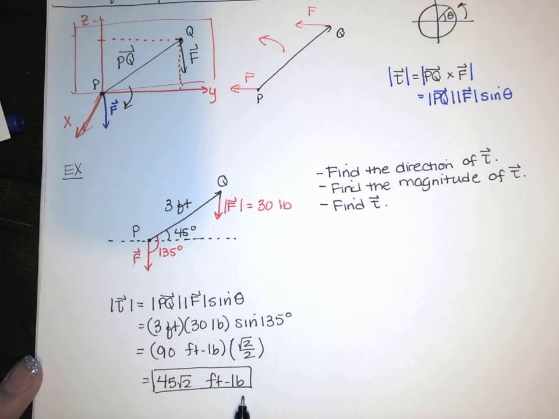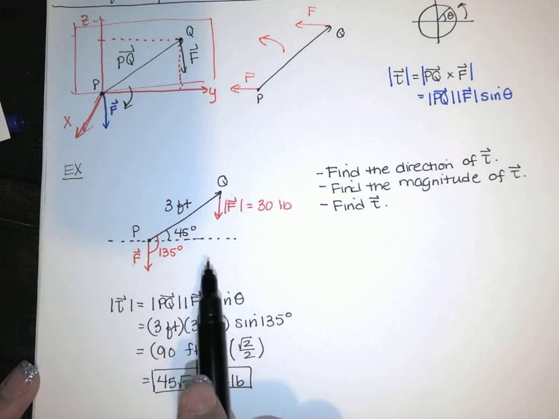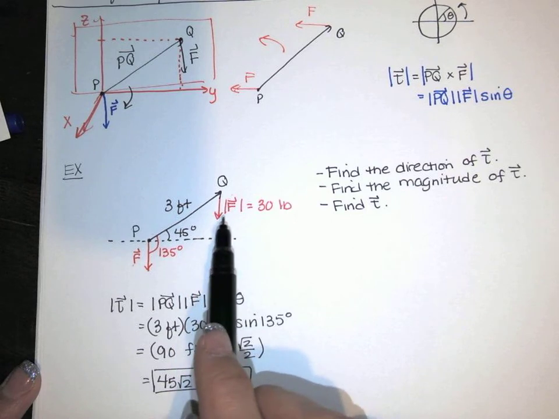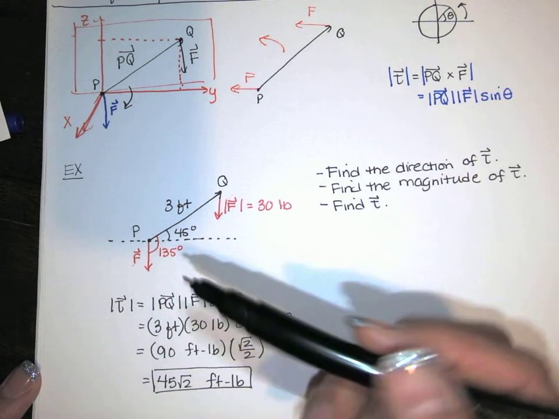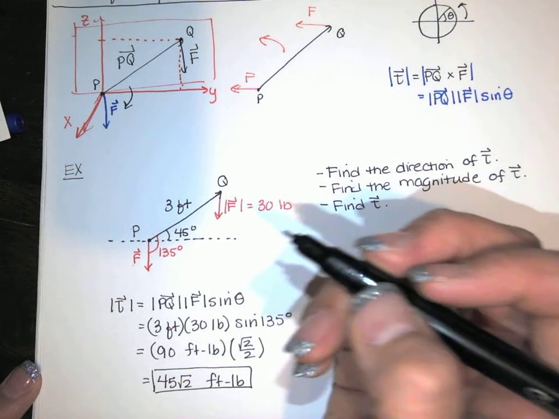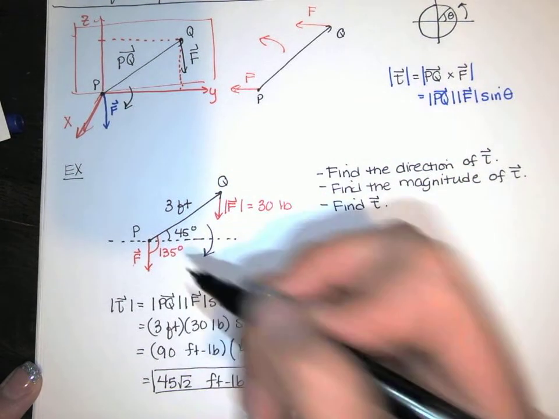Okay, so now we've got the magnitude of the torque. The question becomes, is that torque positive or negative? Does this force cause us to rotate in a clockwise direction or a counterclockwise direction? Well, if I'm going this way, that's clearly clockwise.